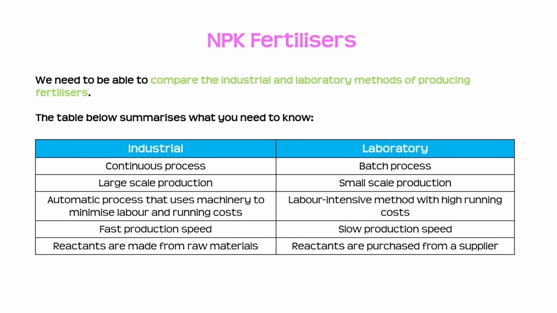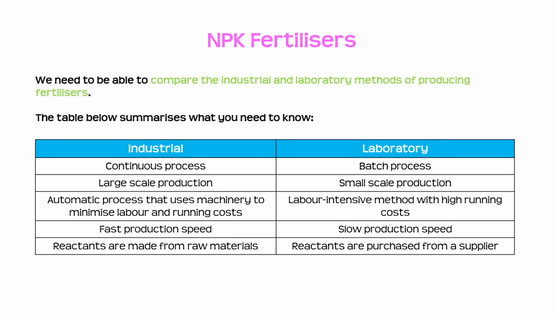We need to be able to compare the industrial and laboratory methods of producing fertilisers. This table below summarises everything we need to know about these processes and how we can compare them. So the industrial production of NPK fertilisers is a continuous process. We're continually making these fertilisers.